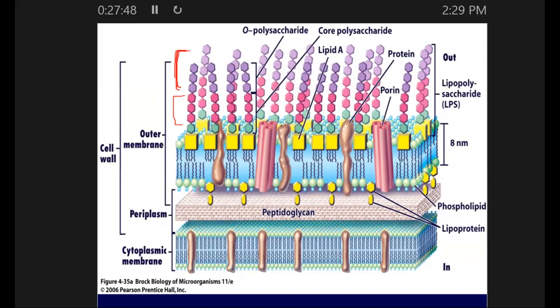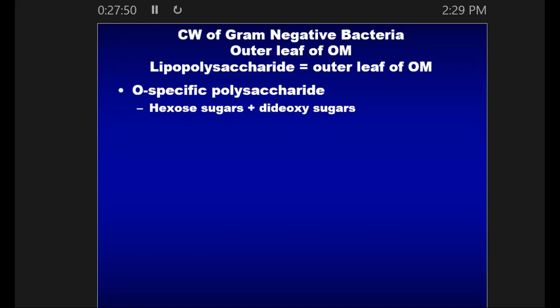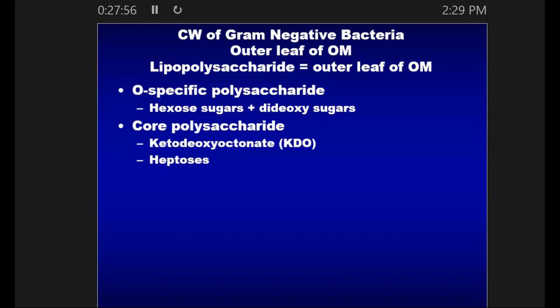So purple to pink. The pink region, that's called your core polysaccharide region. And again, if you're curious, it's composed of a variety of different sugars. You don't need to know these names. Just know that I want you to know the word or phrase O-specific is the most outermost polysaccharide, then that's bonded to the core.